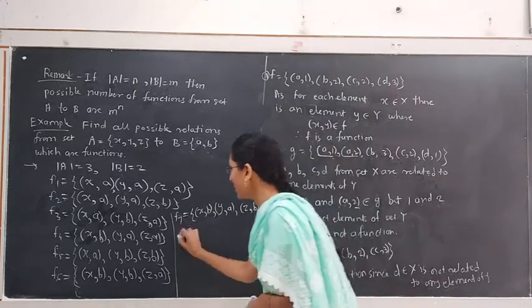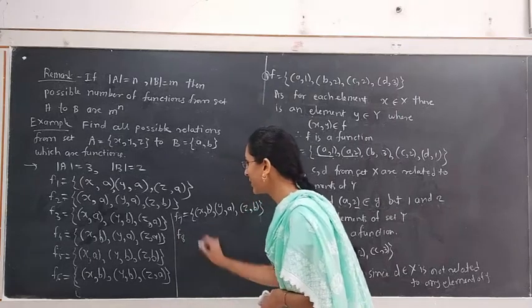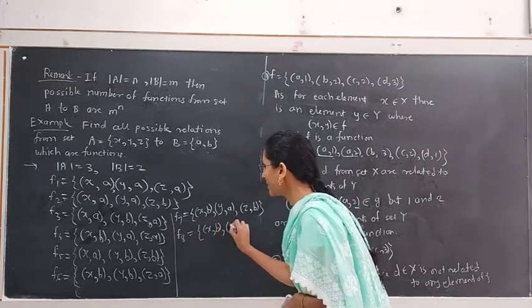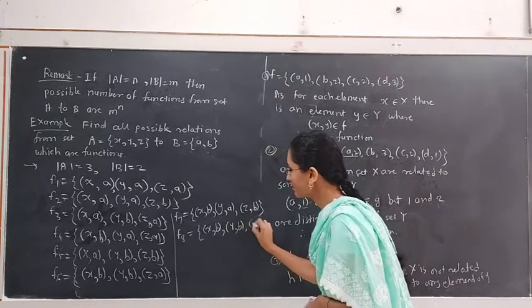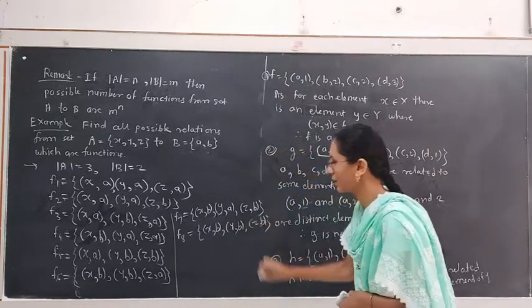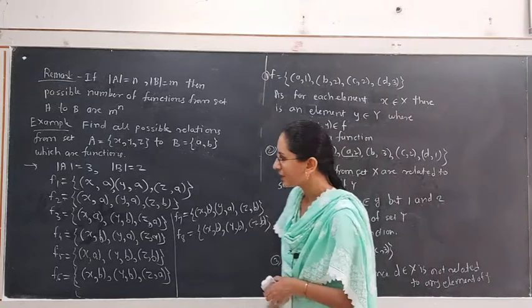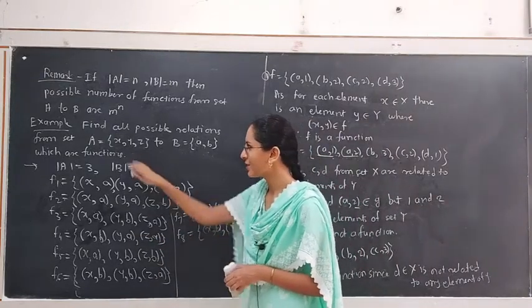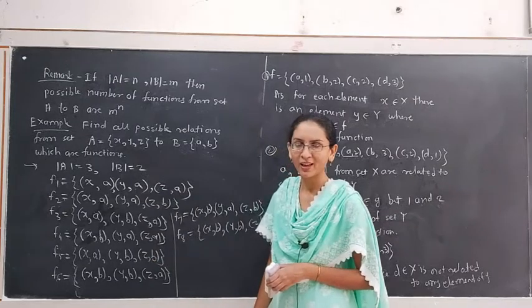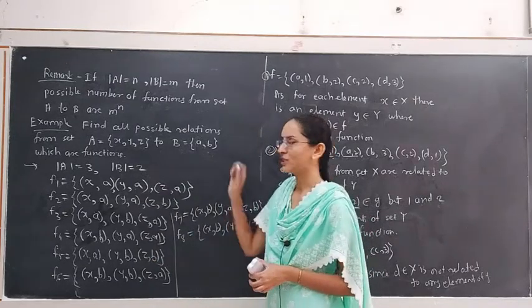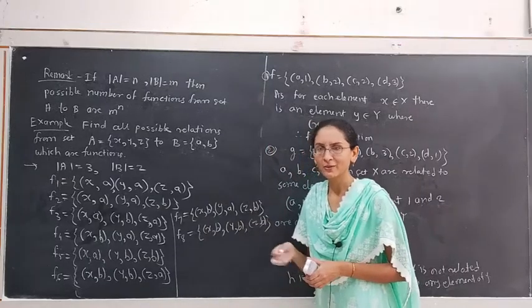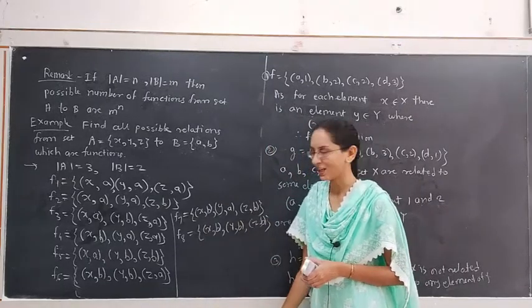And the last function from set A to B is given as x related to b, y related to b, and z related to b. We have written these functions by considering distinct images of elements of set A, and those images belong to set B. The images may be the same or distinct for the three elements of set A.